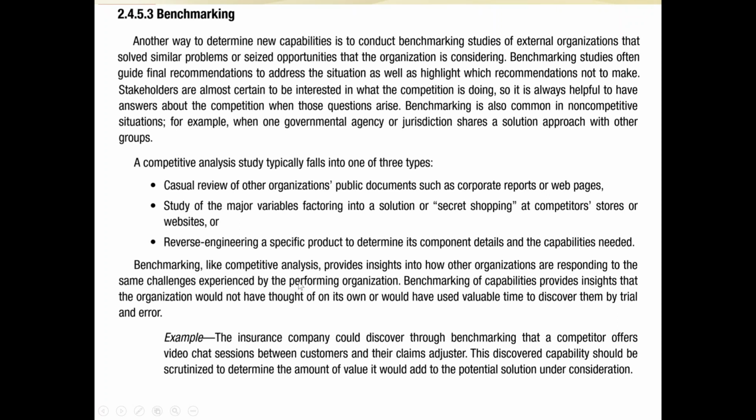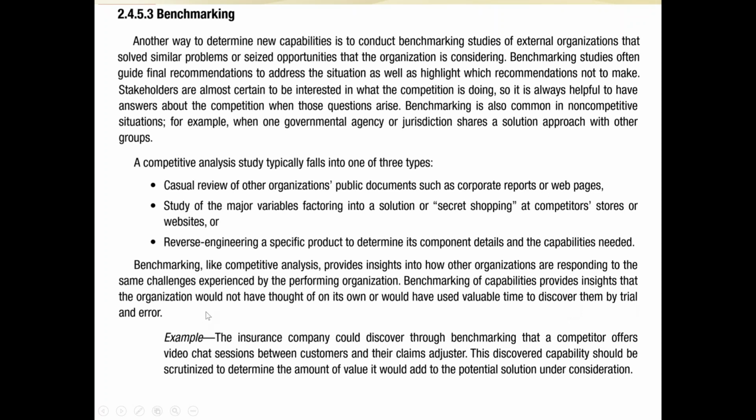Benchmarking, like competitive analysis, provides insight into how other organizations are responding to the same challenges experienced by the performing organization. Benchmarking of capabilities provides insights that the organization would not have thought of on its own or would have used valuable time to discover by trial and error.